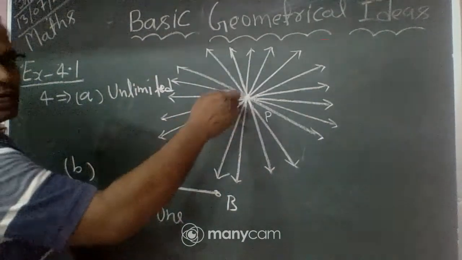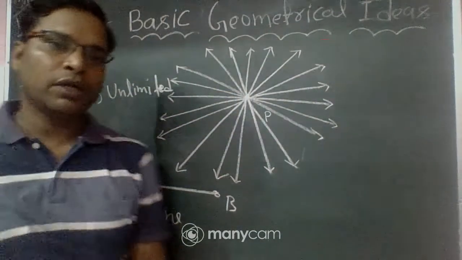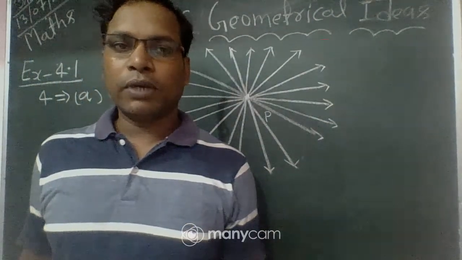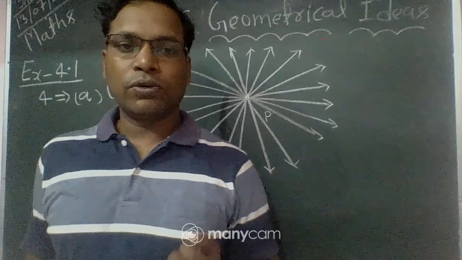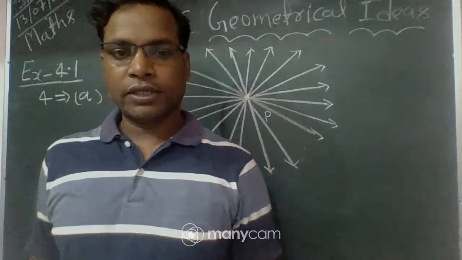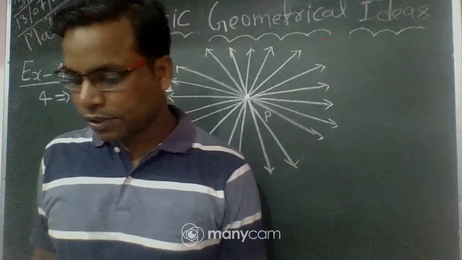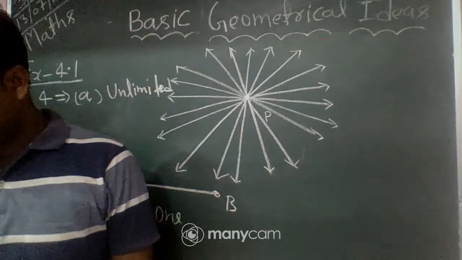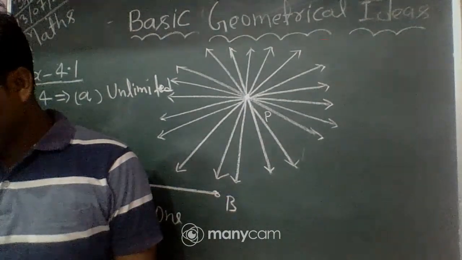Here unlimited lines pass through the one given point, but only one line passes through two distinct points.